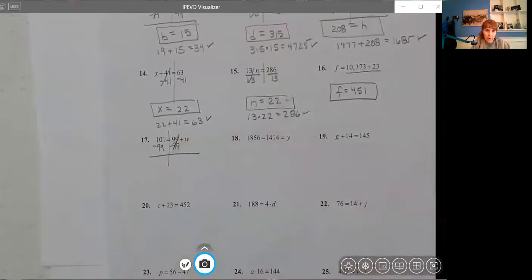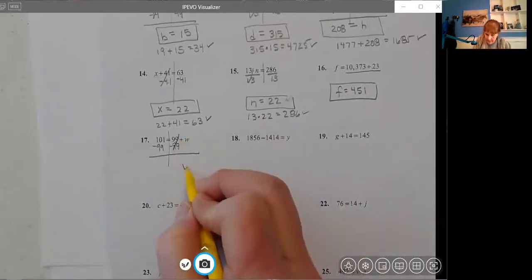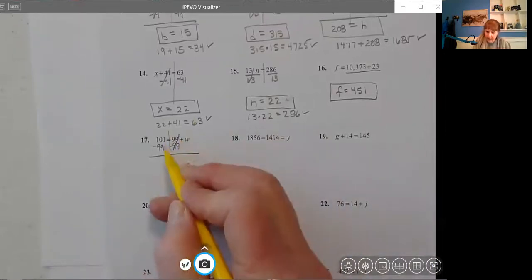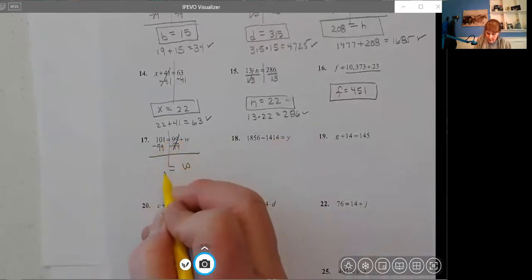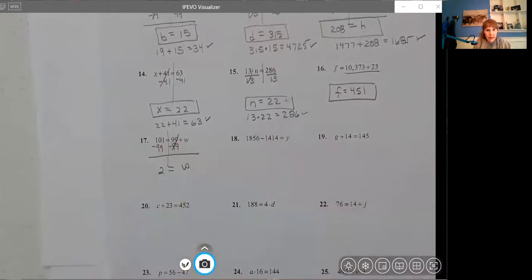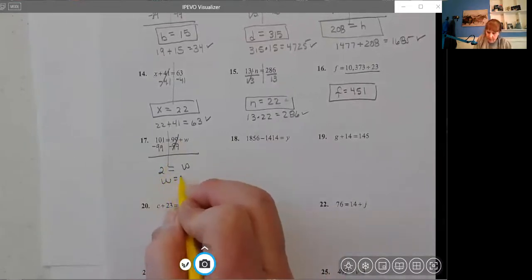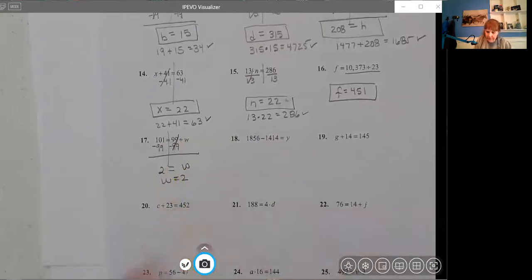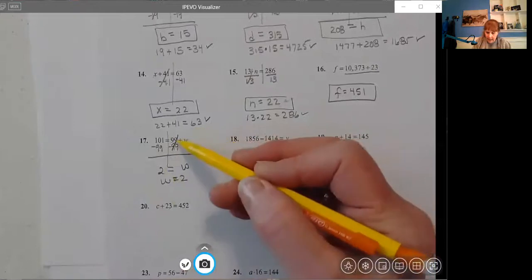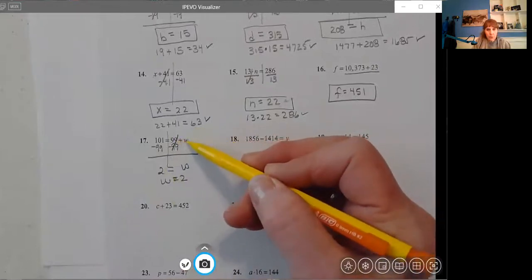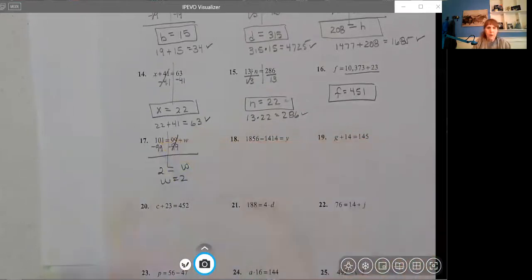So that's a 0, cancels out. And then I take 101 minus 99, which gives us 2. So W is 2. Okay, I'm just going to switch the order here. Means the same thing. So if you were to check this, you would take 99 plus 2, and you would get 101. So it would check out.